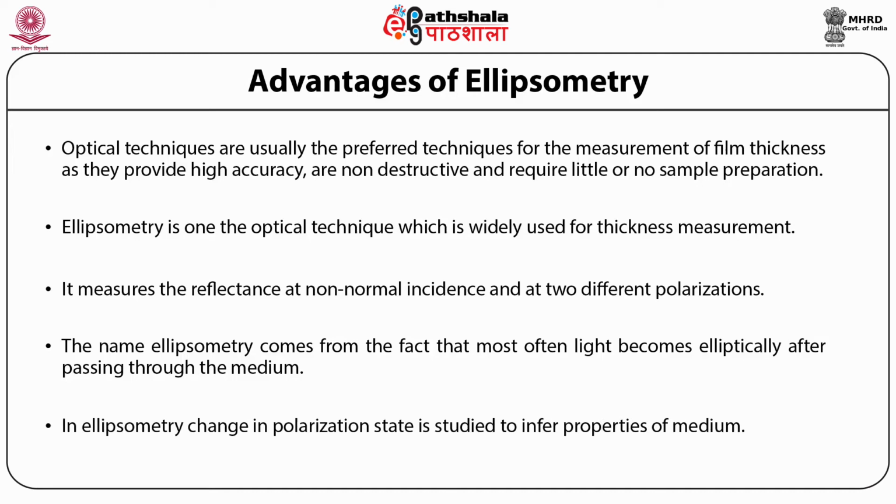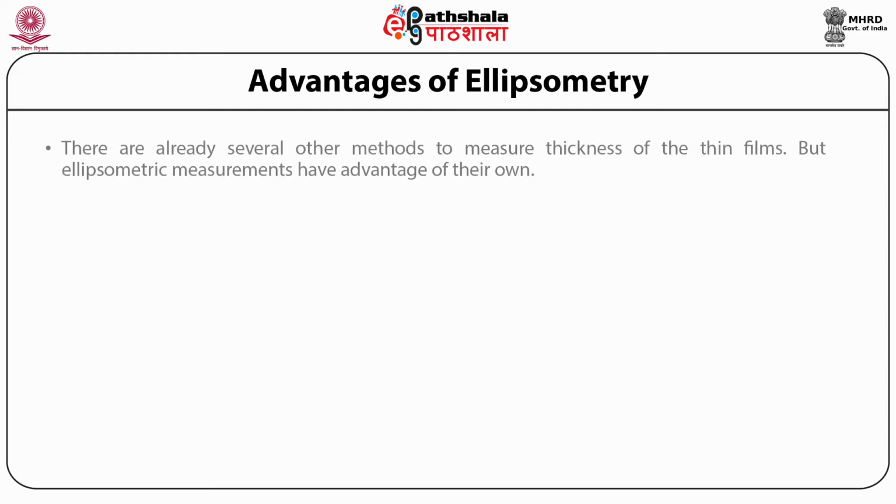In ellipsometry, change in polarization state is studied to infer properties of the medium. There are already several other methods to measure thickness of thin films, but ellipsometric measurements have their own advantages.